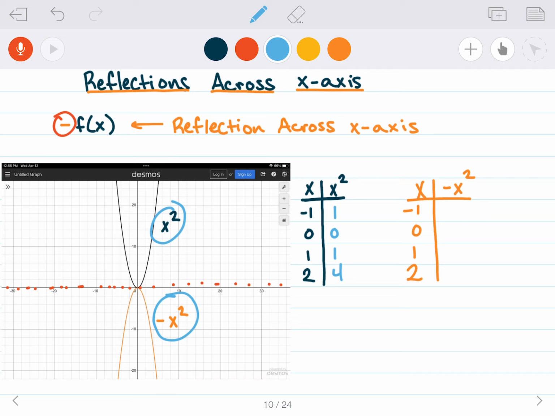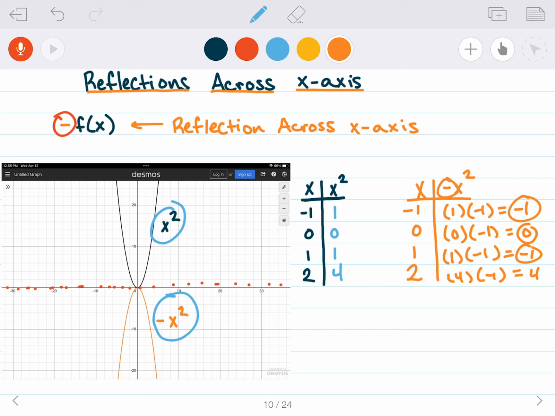And for my reflected outputs, I have 1 times -1 is equal to -1. 0 times -1 is 0. 1 times -1, again, is -1. And 4 times -1 is -4. So I'm just multiplying my outputs by -1.